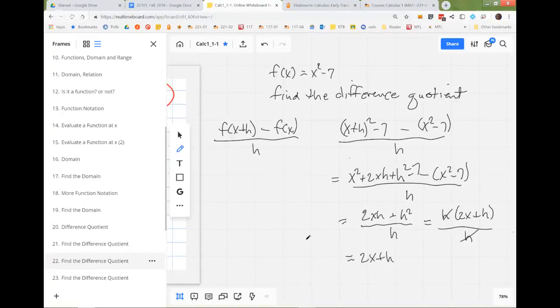Plus 1 and a minus 1. Go ahead. So whoever was unmuting, just go ahead. Speak freely. I'd love to have your question. Okay, I'm sorry. I meant, can we do a problem like we just did that has a square root in it? Oh, yeah, that's coming. Okay. Thank you. Good question.